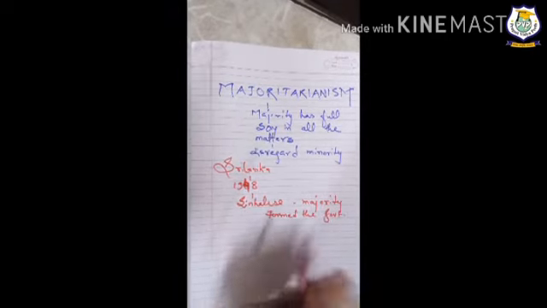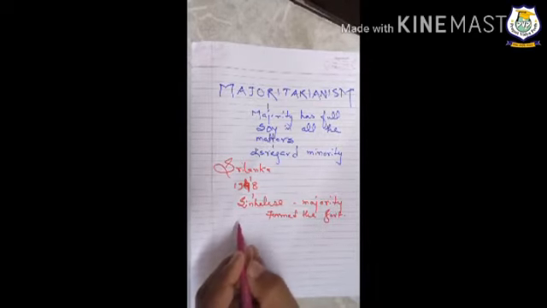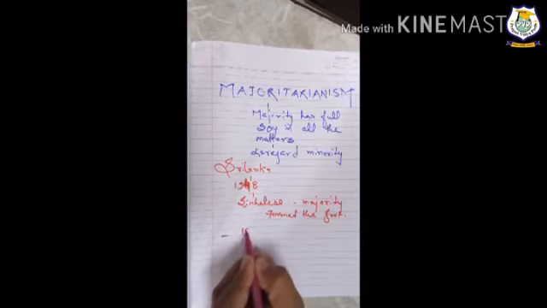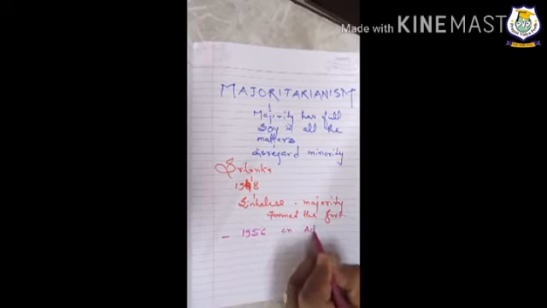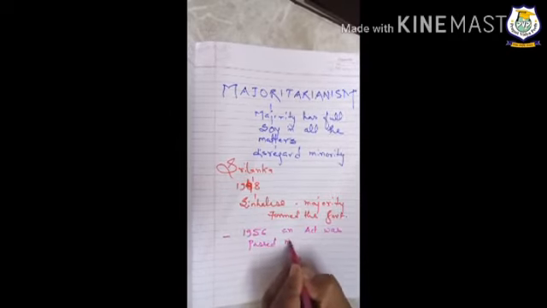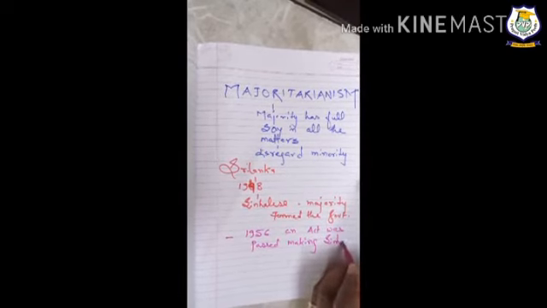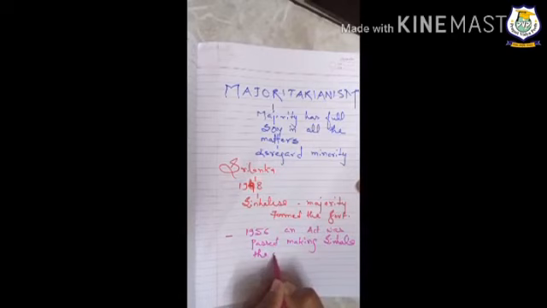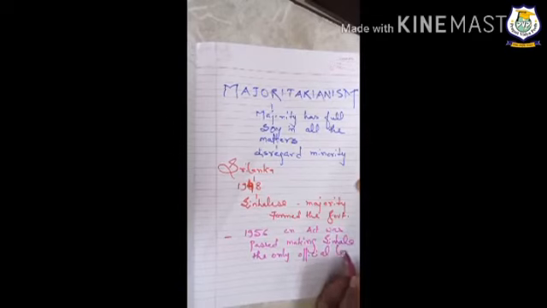And how was it practiced? This question is asked generally. So the first thing is that in 1956 an act was passed making Sinhala the only official language, disregarding Tamil.